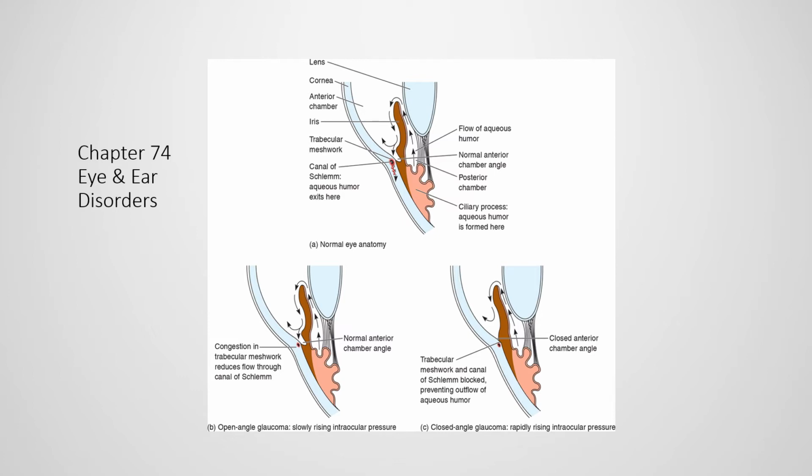What happens in open angle glaucoma is that the trabecular meshwork gradually gets blocked up as you get older. Those little tiny canals just gradually get blocked up. They are not as efficient at draining the aqueous humor, and you gradually get increased intraocular pressure within your eye, and that's called glaucoma. So this type of glaucoma is by far the most common.